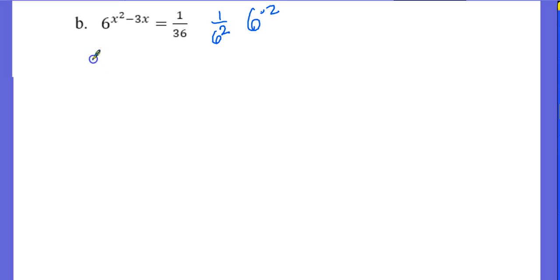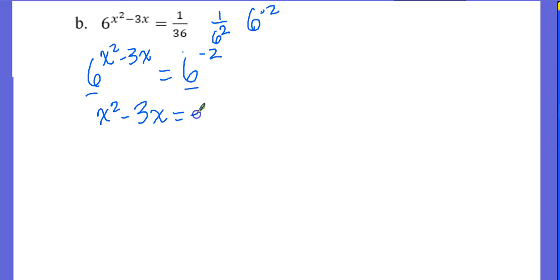So we know that 6 to the x squared minus 3x is equal to 6 to the negative 2, a common base. Since my bases are equal, my exponents are equivalent. And then you go through that same process. I'm going to let you solve that, and then we'll come back and see if you've got it right.